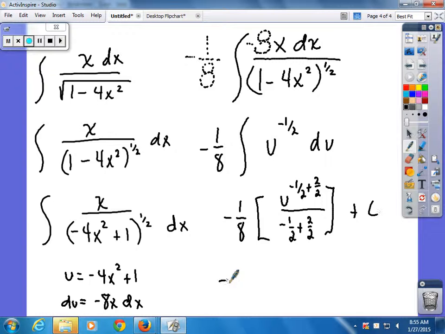And that's going to be negative 1/8 times, and this right here is going to be 1/2, but when you bring it up, it's going to be multiplied by what? 2. And then this is going to be u to the 1/2 plus c. And 2 over 8 comes out to be what?